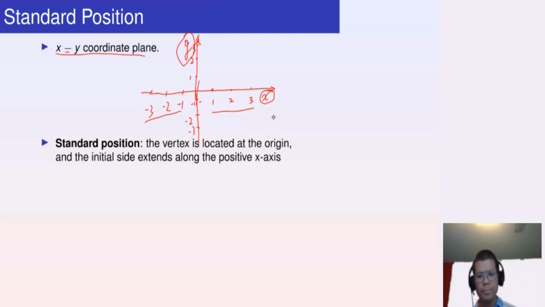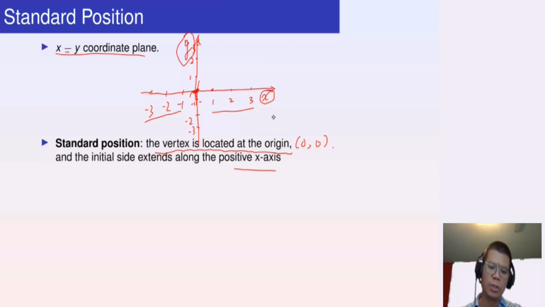Okay, so this is the XY coordinate plane. Now, in order to get the standard position of an angle, what do we mean by standard position? The vertex of the angle is located at the origin, which is 0, 0, and the initial side extends along the positive x-axis.